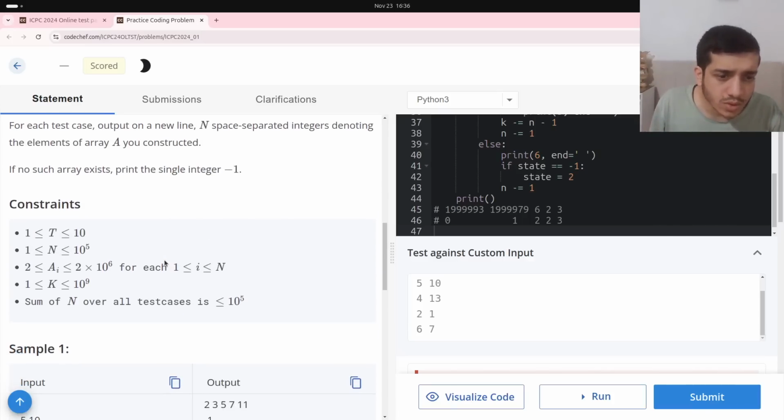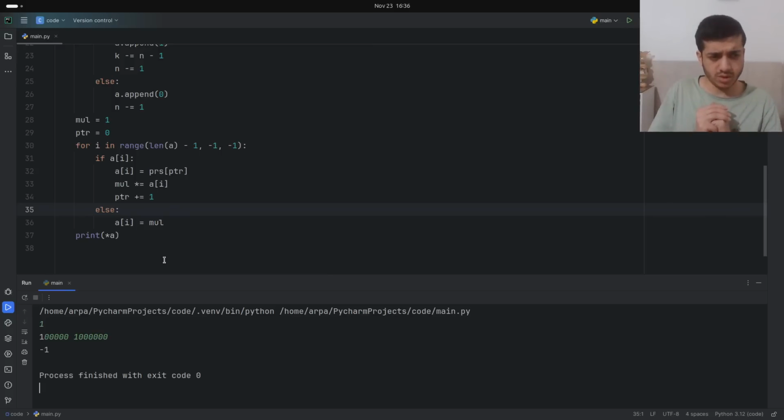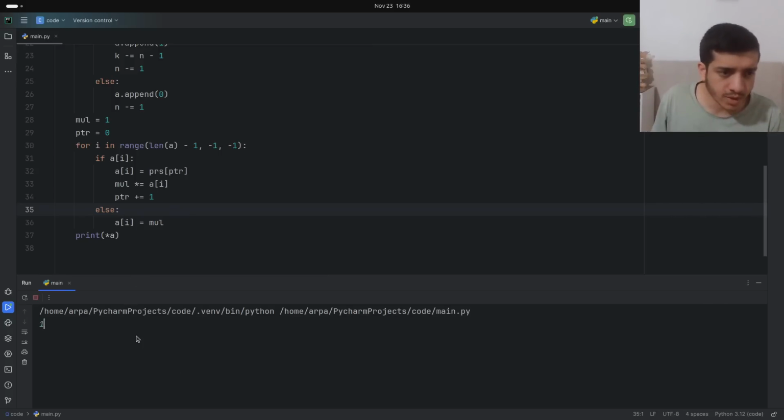Let's try some big K. What should be correct?